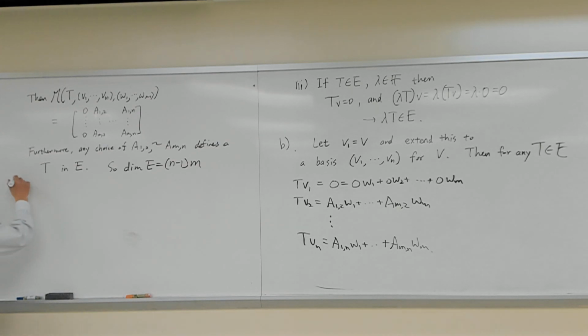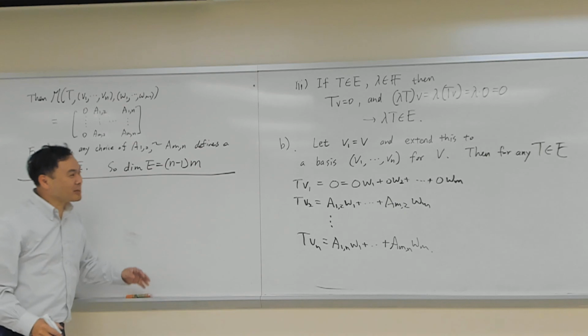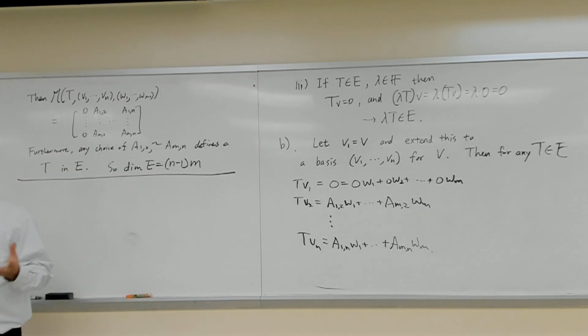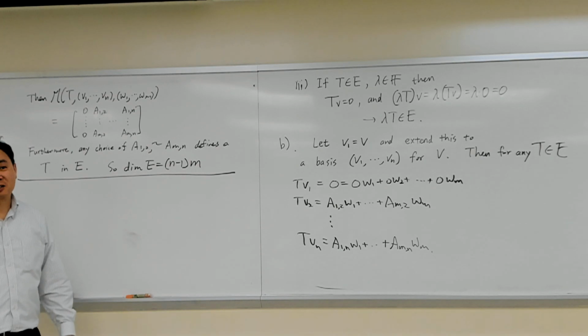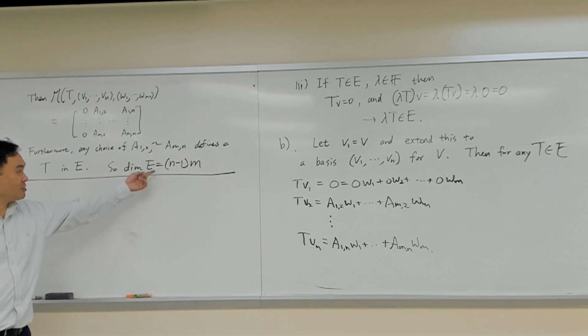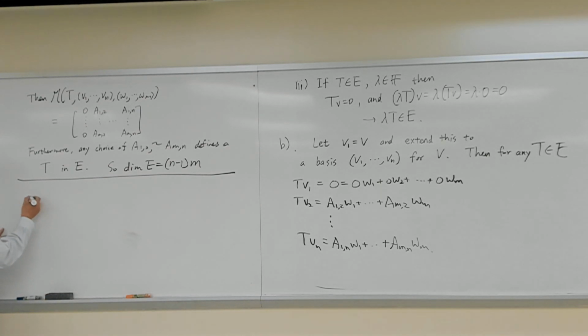I like this because it's more concrete, you can see what's going on. If you choose the right basis, this is what it's going to look like, and then this has to be the dimension. But a slightly fancier way of doing things is solution 2.